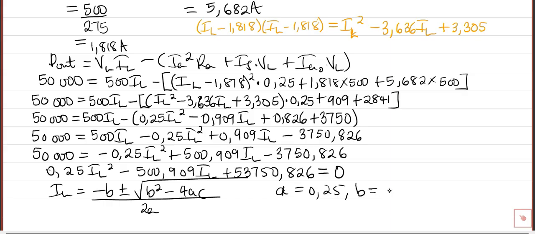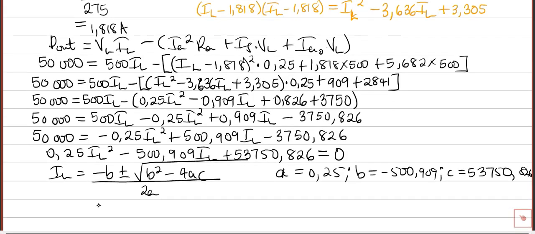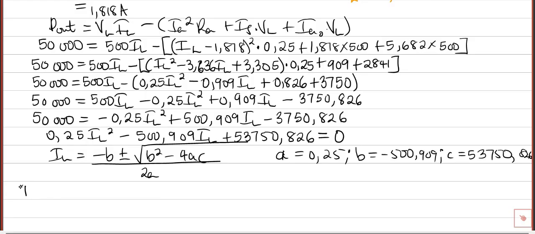Our B is minus 500,909, and our C we have 53750,826.